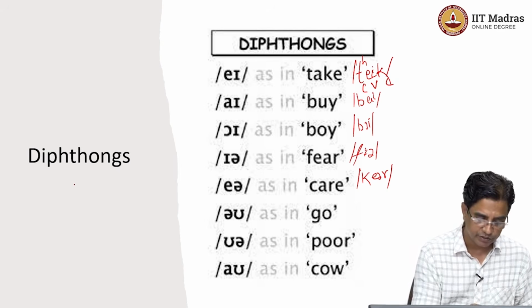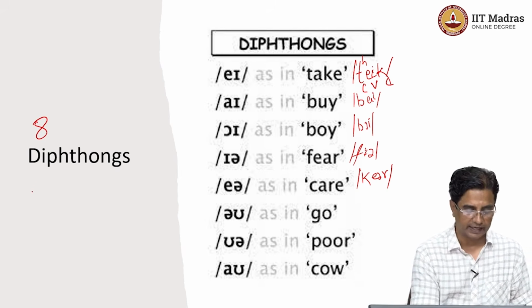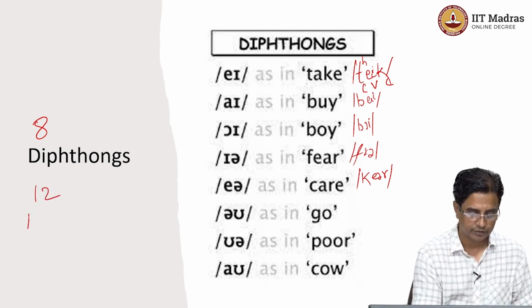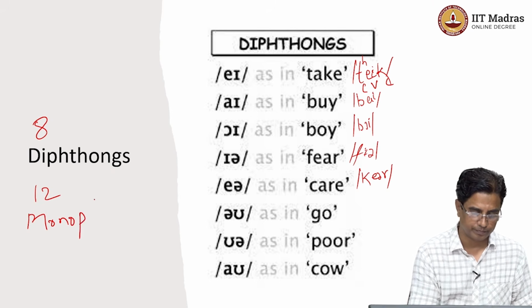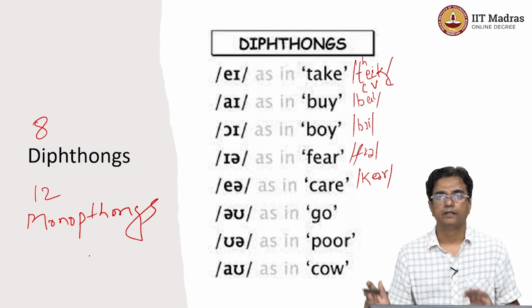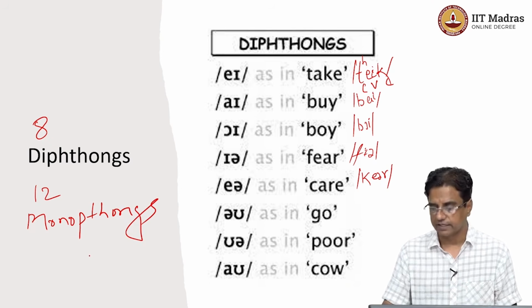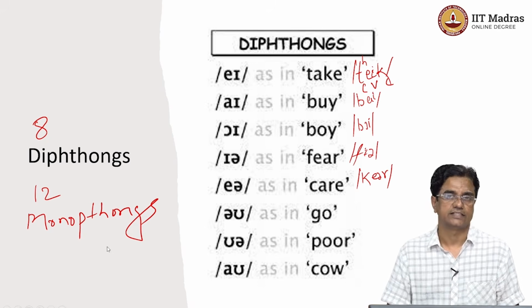Important part: 8 diphthongs and 12 monophthongs. This is the classification of vowels, vowel sounds in English. That is further classification.